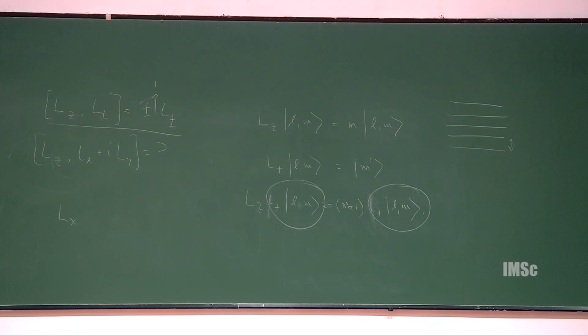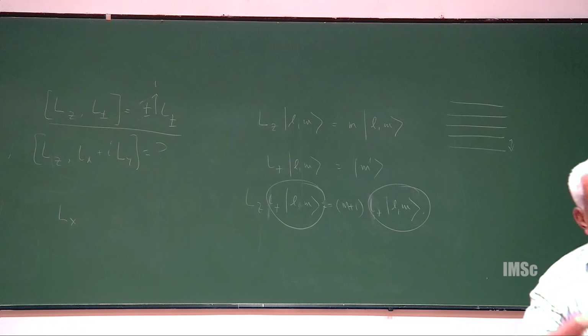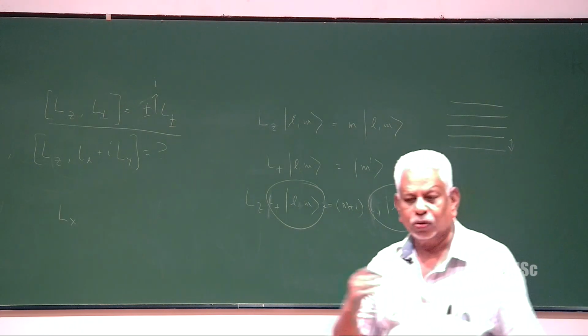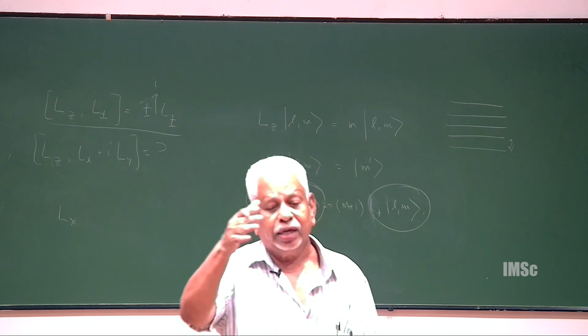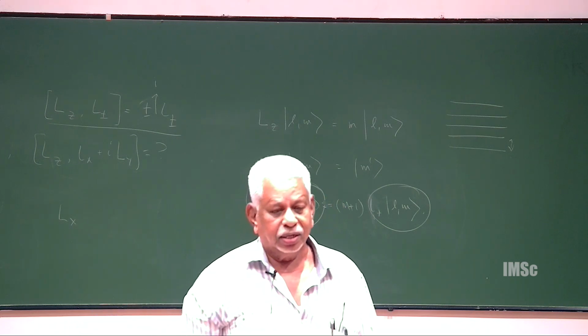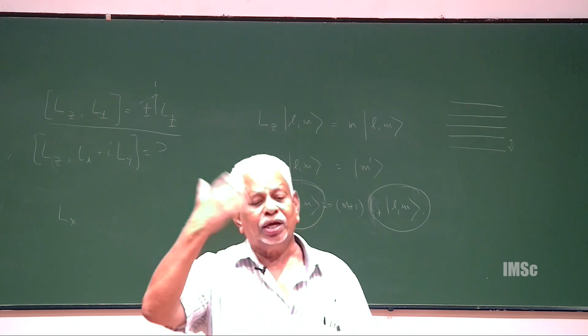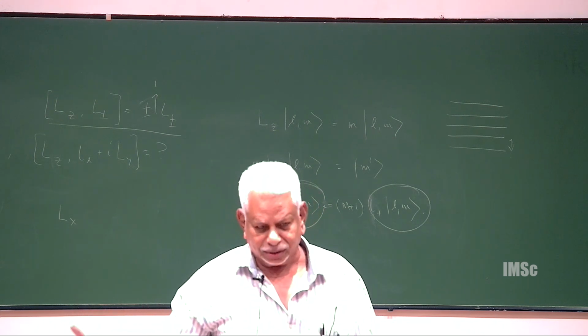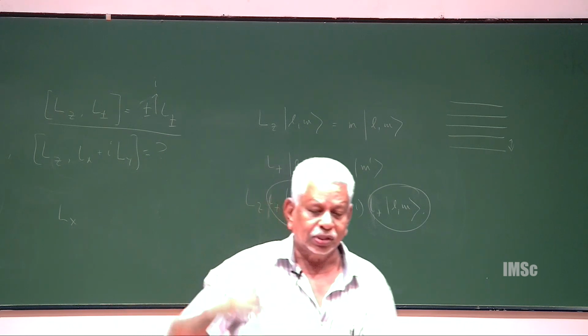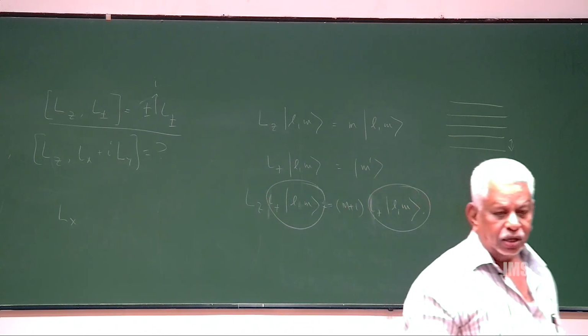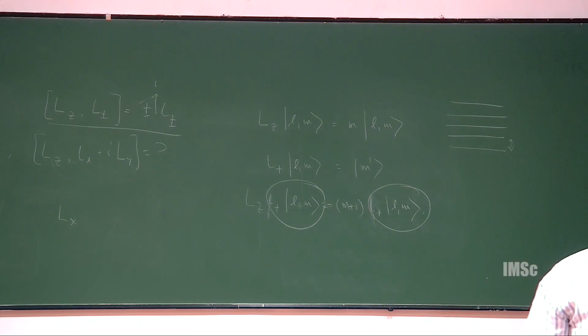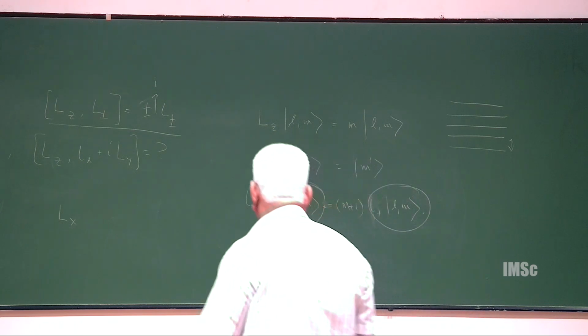When I say real, it can be positive and negative. Now, if I take Lx square, the eigenvalues are, if A has eigenvalues A1, A2, A3, the square of that will have A1 square, A2 square, A3 square. That is all. A square of a matrix has eigenvalues that are the squares of the eigenvalues of the matrix itself, as simple as that, because you can diagonalize it, and then you will have only the squares.